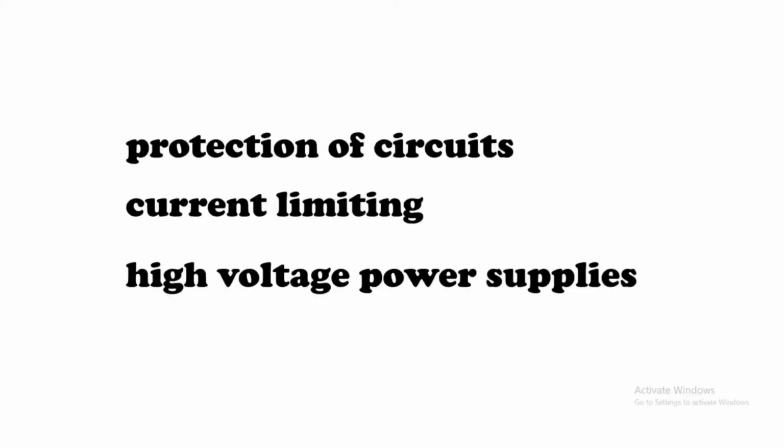If there's a high current that you need to slow down, then we use this carbon film resistor. It means we use this resistor for current limitation. We also use it in high voltage power supply circuits, because when the flow of current or the voltage is very high, you need to control it with the help of the carbon film resistor.